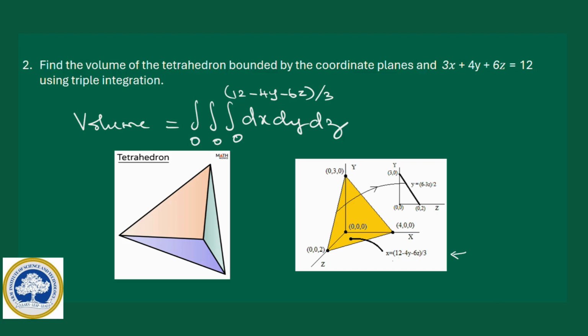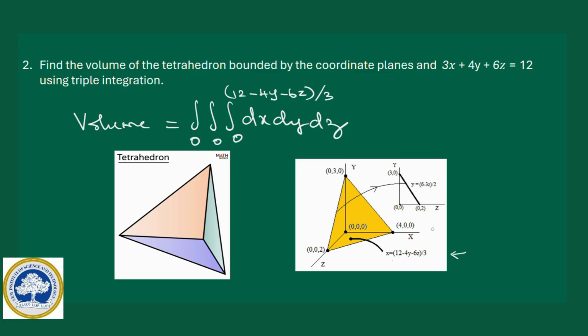Now what about the limit for y? As I said, this we have to consider or reduce into a two-dimensional diagram. Once we reduce it into a two-dimensional diagram, it will be in the form of a triangle. That is, here we can omit the z-axis and consider this xy plane alone.